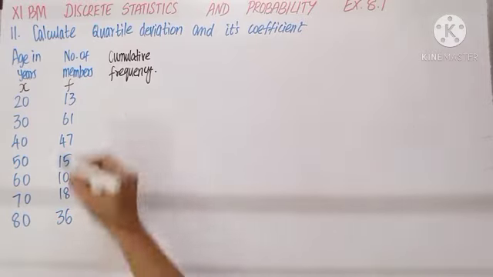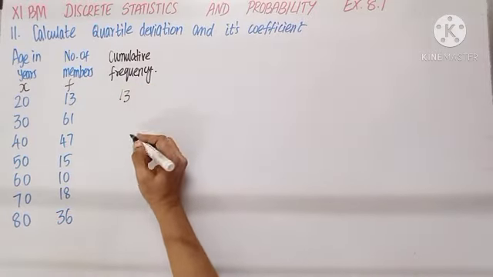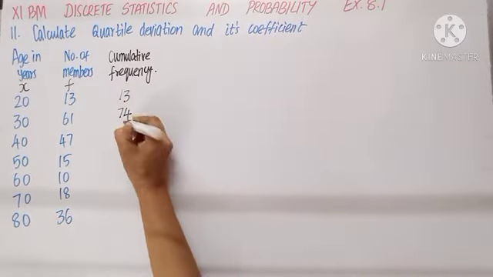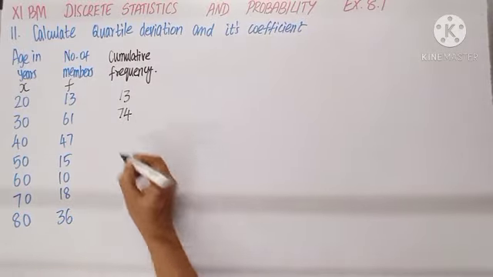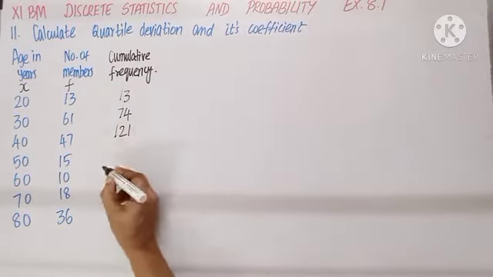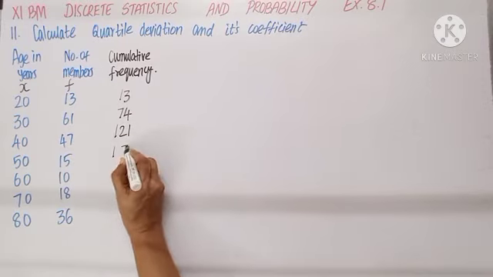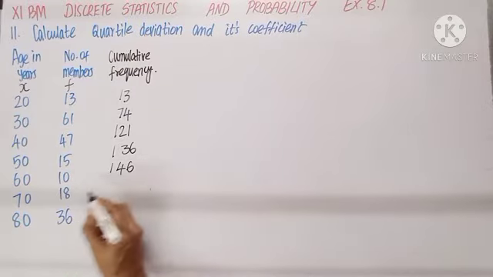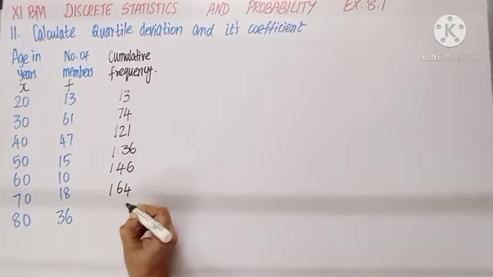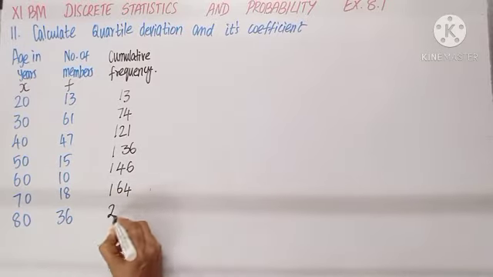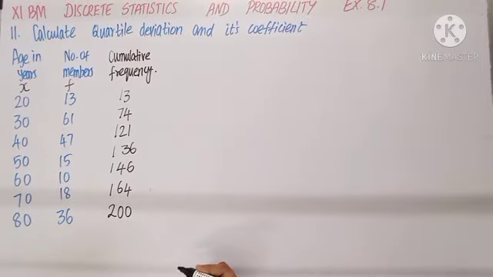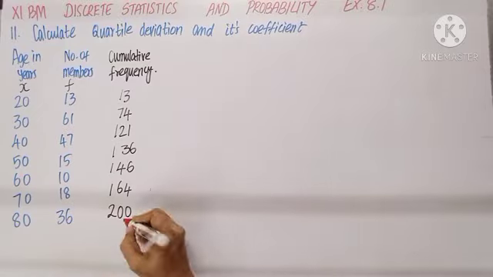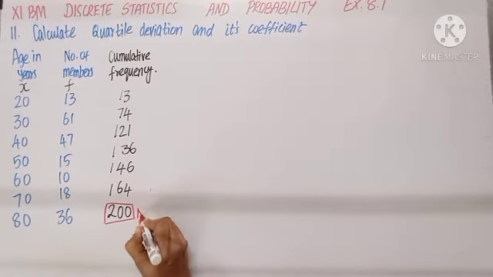Keep adding, starting with the very first value 13. 13 plus 61 is 74. 74 plus 47 is 121. 121 plus 15 is 136. 136 plus 10 is 146. 146 plus 18 is 164. 164 plus 36 tells us 200. Remember, we will call the total frequency N.